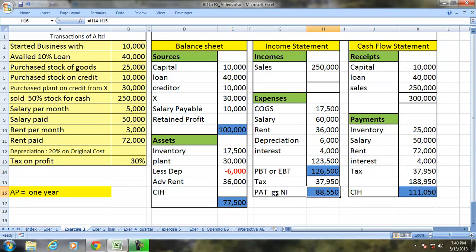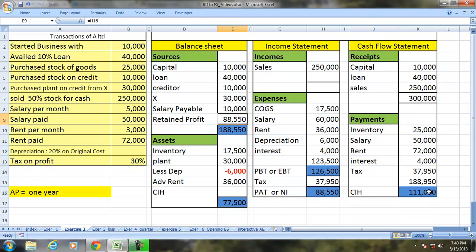So the profit after tax or net income in this case is 88,550, assuming that entire net income has been retained, no distribution, so the retained profit will be shown on the balance sheet.